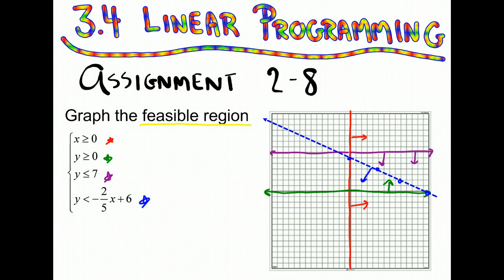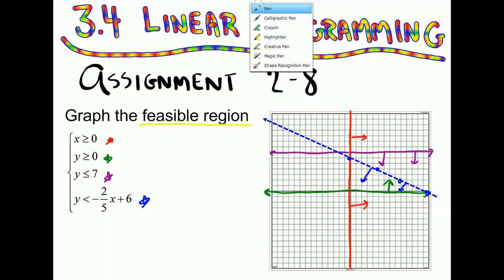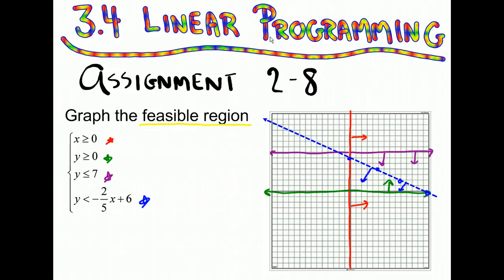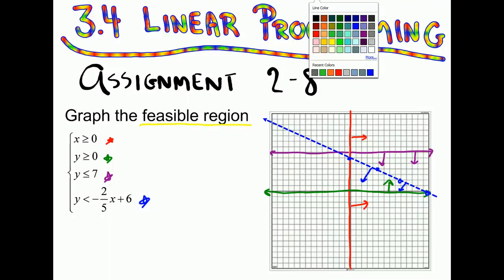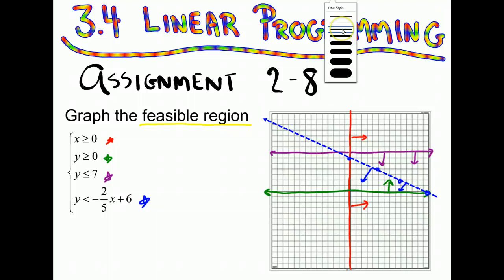So now we kind of have this triangle that is going to be our feasible region or our solution to the system. And I can shade that triangle in. I'll shade that triangle solution, that feasible region. If you have your pencil, you'll probably take your pencil and color that in or something. I'll take a highlighter here and we'll just shade that in.